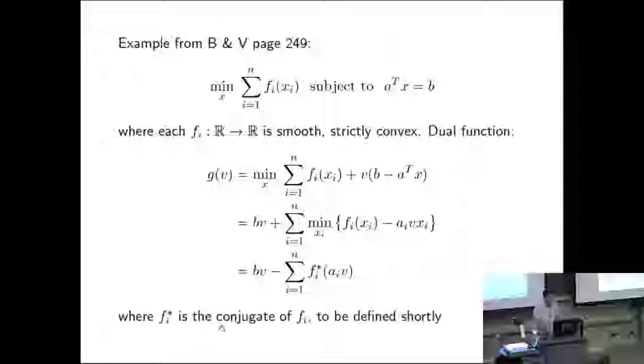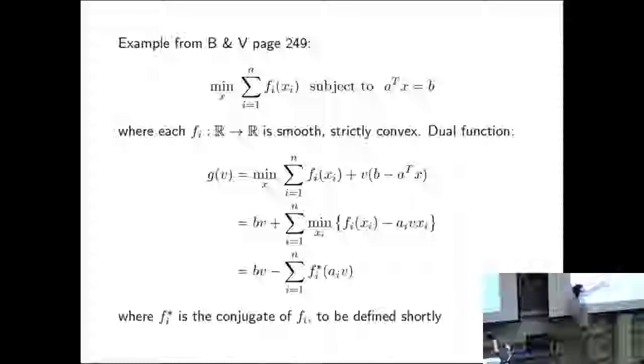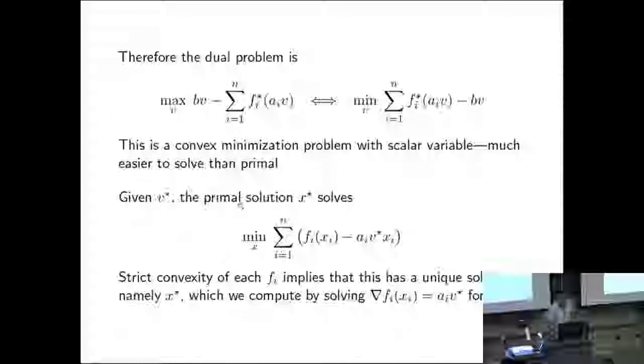So with that definition, the dual function is succinctly written like this. It's a function, again, of just one variable, v, and it's b times v minus the sum of fi star of ai times v. So it's just a univariate function. So that's the dual problem.